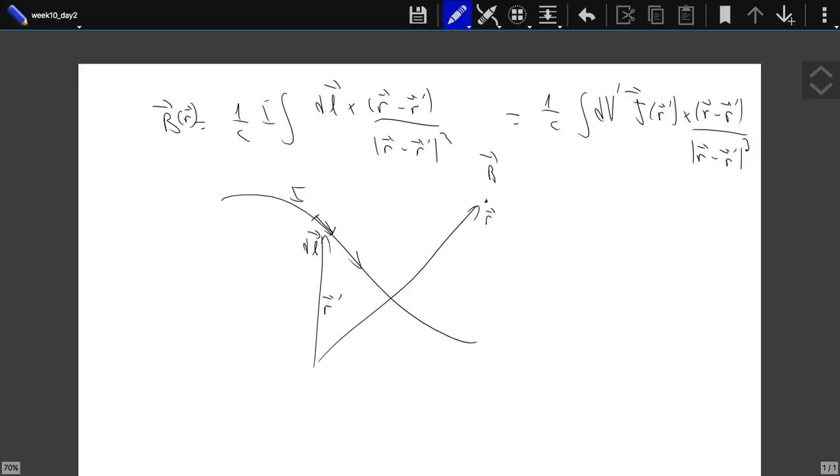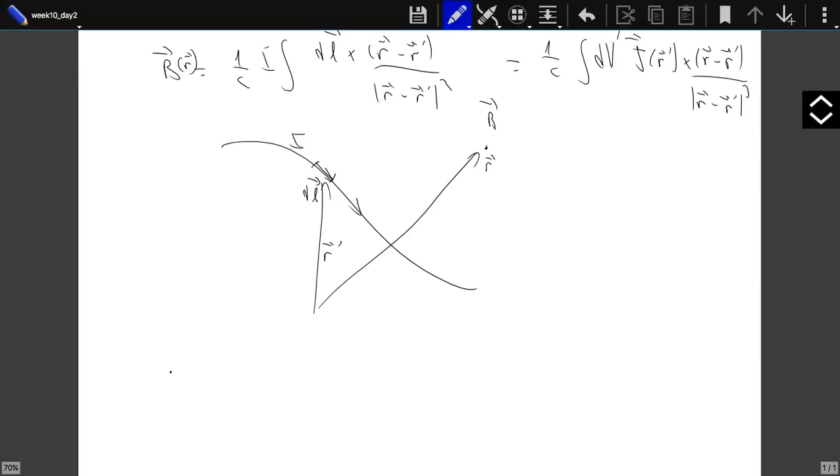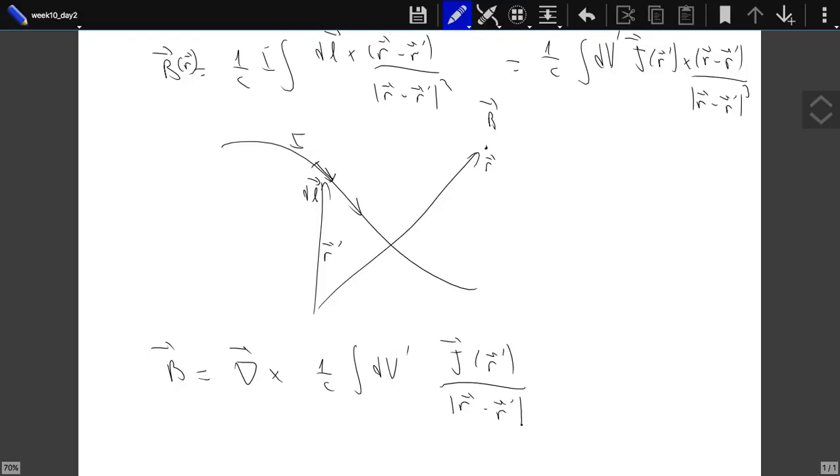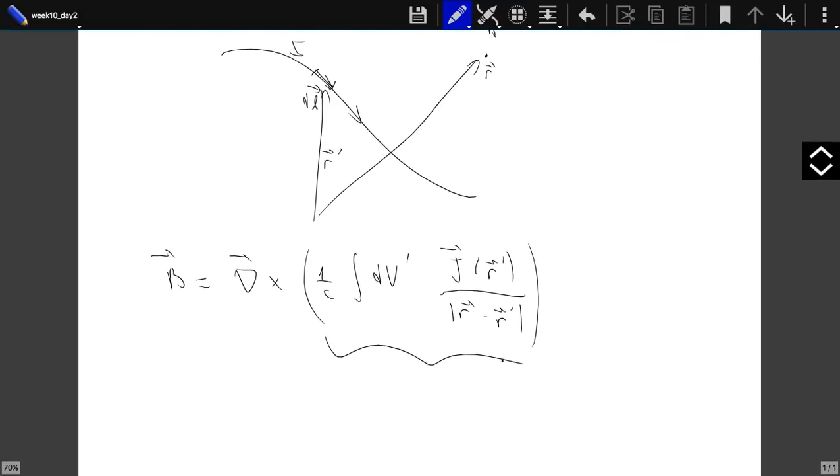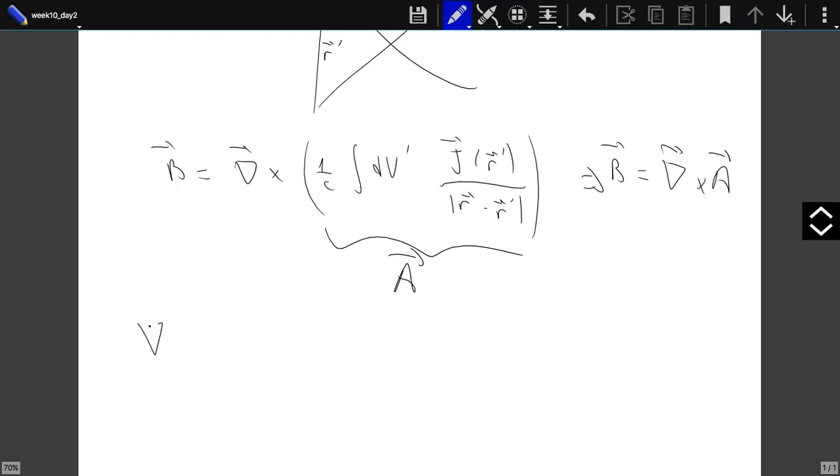Now, starting from these expressions, we had shown that we can write the B field as the curl of 1 over c times the integral dv prime of j of r prime over |r minus r prime|, which we defined as the vector potential A. Since the magnetic field is the curl of this vector field, its divergence is automatically zero.